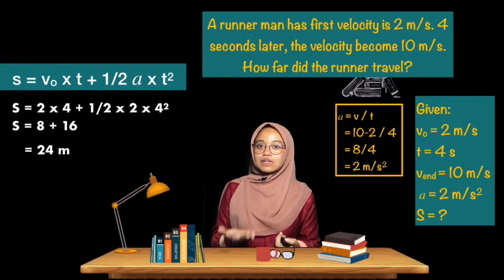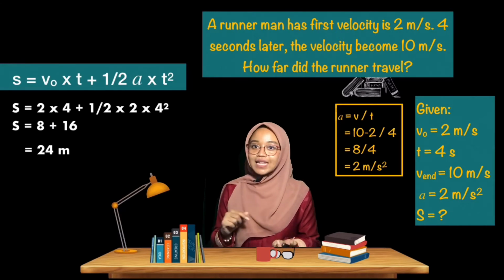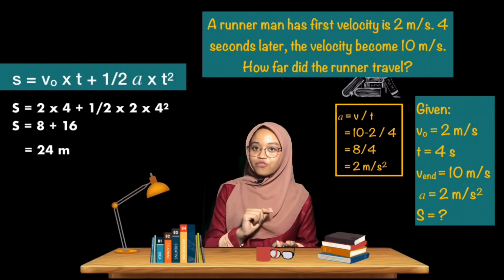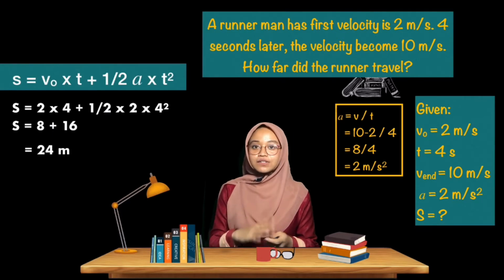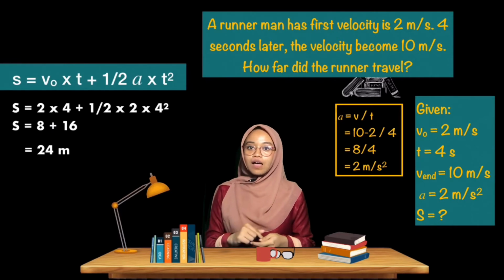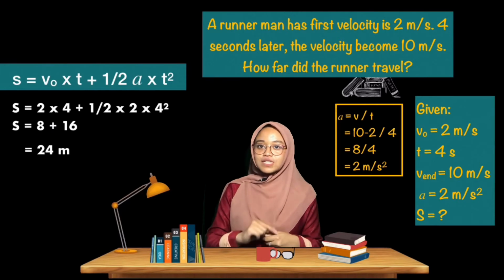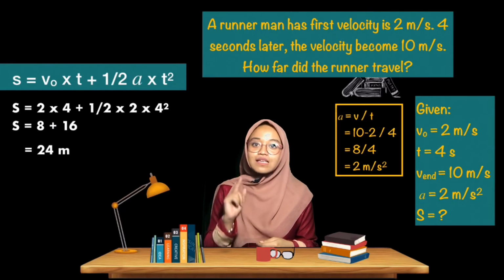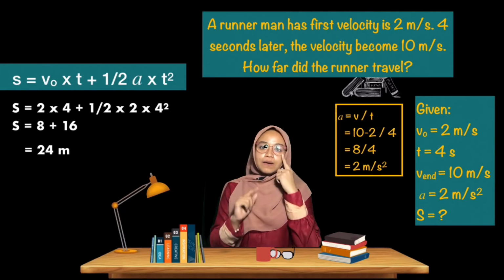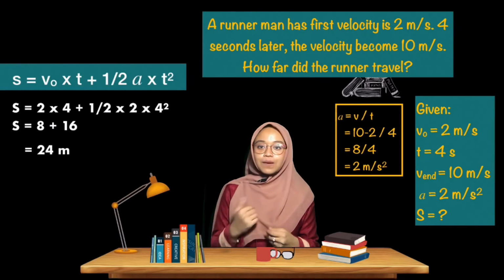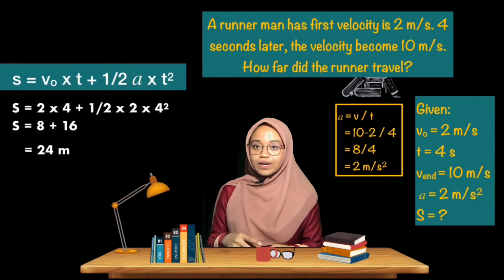So now we can write the formula of distance with acceleration. The formula to find the distance is first velocity times time plus half times acceleration times time squared.